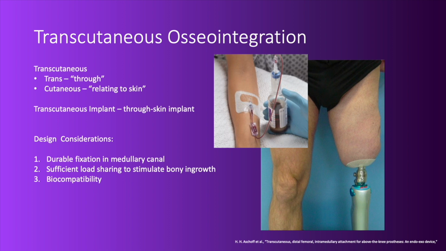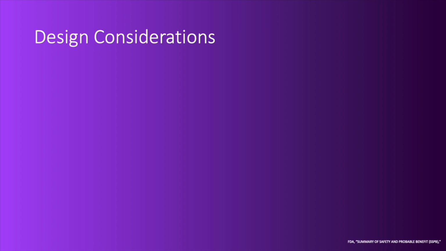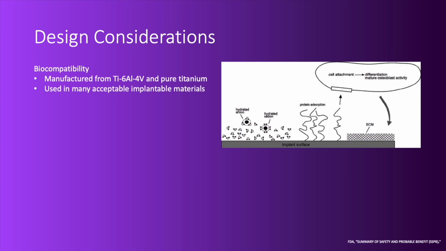To begin our discussion on design considerations, we will start with one of the most important, biocompatibility. The OPRA implant system is manufactured from titanium materials which are readily accessible in the orthopedic implant industry. These titanium materials eventually lead to fibrous encapsulation, so cathodic behavior is not of concern.